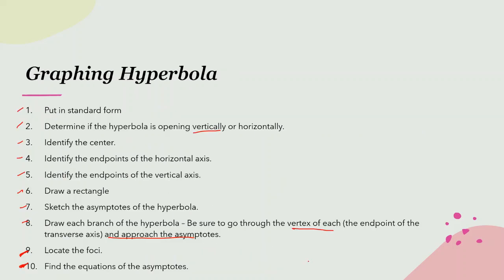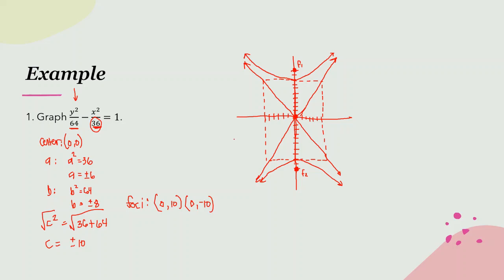So we have y is equivalent to k plus a over b times x minus h, and we also have y is equivalent to k minus a over b times x minus h.